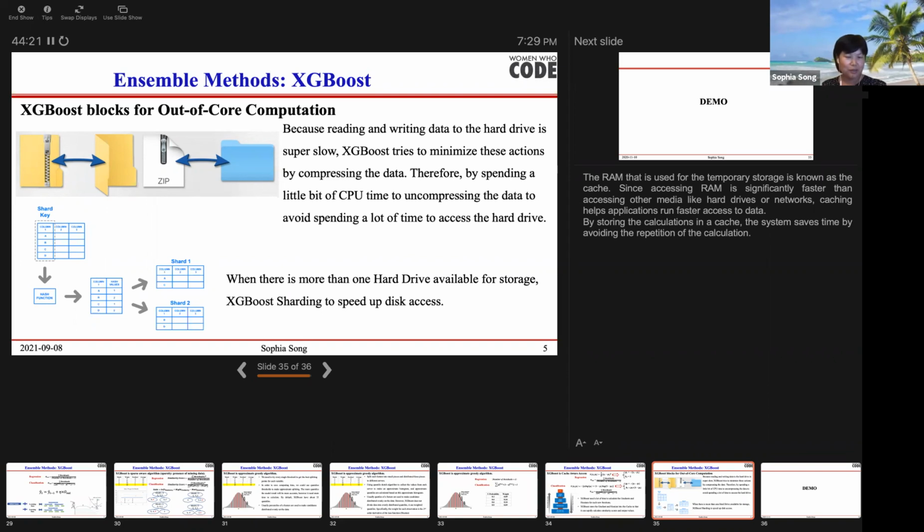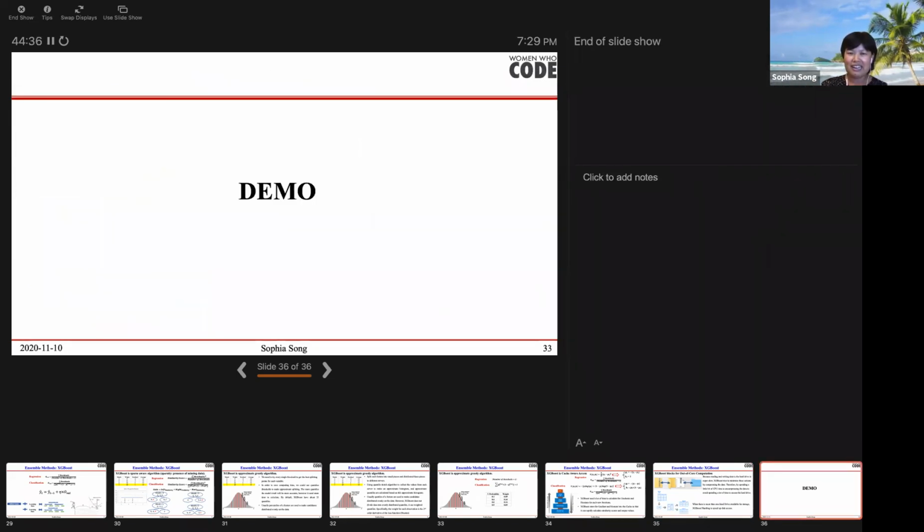Then when you use the data, it just takes some time to decompress it and use it directly. So that's XGBoost. I think I already finished my lecture, and I can give a demo.